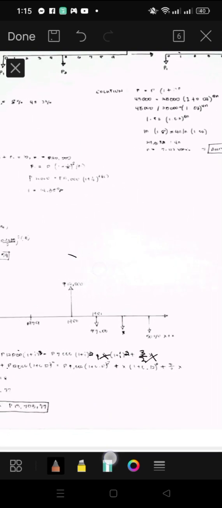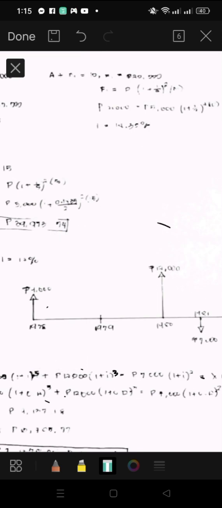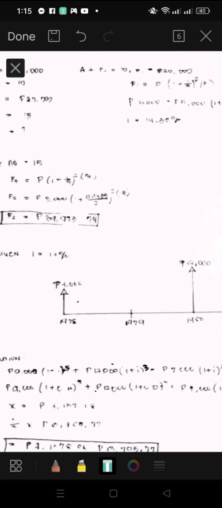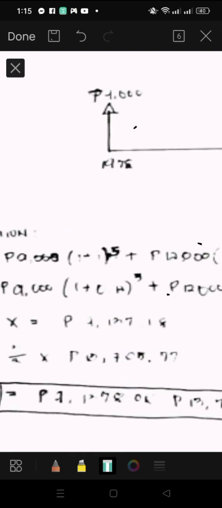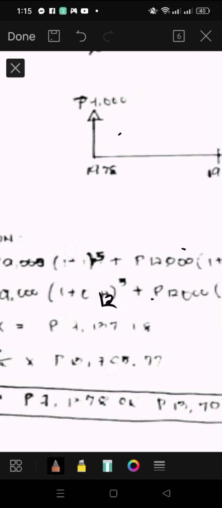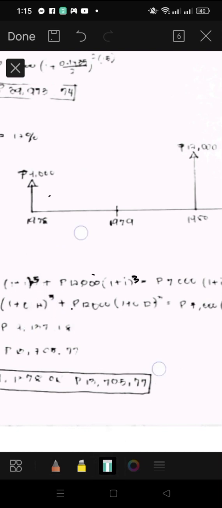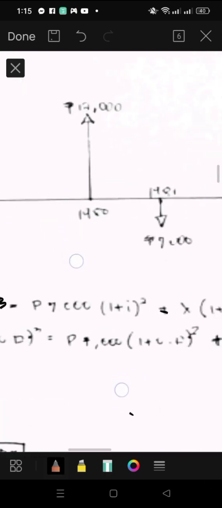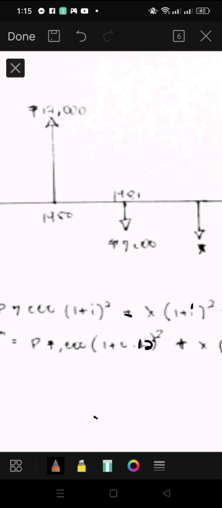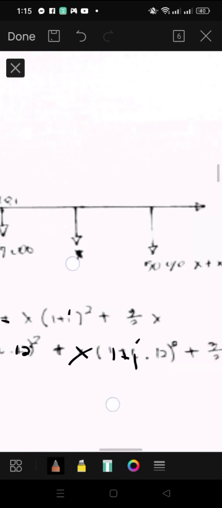We need to distribute the given. So 9,000 is shown here in the first term, which is quantity of 1 plus i raised to the power of 5, then plus 12,000 quantity of 1 plus i raised to the power of 3, and 7,000 is quantity of 1 plus i raised to the power of 2 plus x, quantity of 1 plus i raised to the power of 2 plus 3 over 2x.